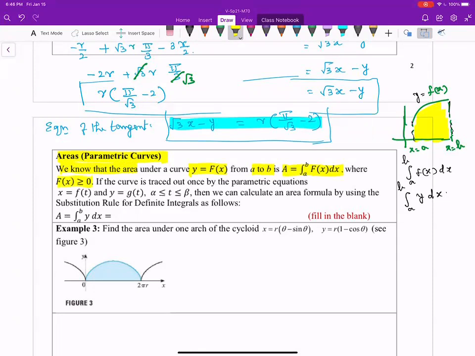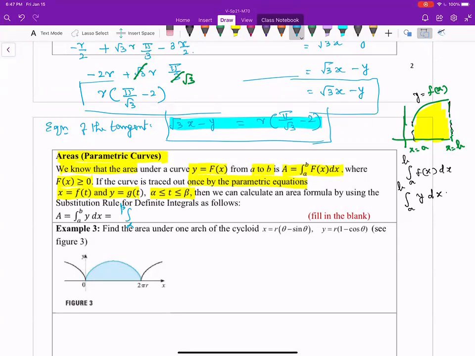If the curve is traced out once by the parametric equations x equal to f of t and y equal to g of t, where t lies between alpha and beta, then we can calculate an area formula by using the substitution rule for definite integrals as follows. A is the integral from a to b of y dx, which is the integral from alpha to beta, because we are converting everything to the variable t.